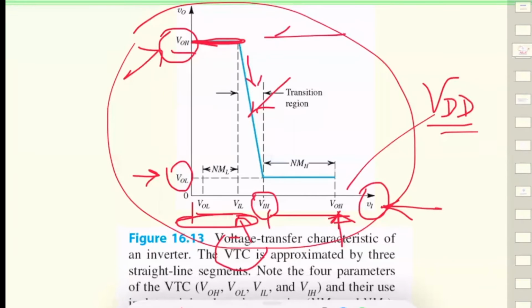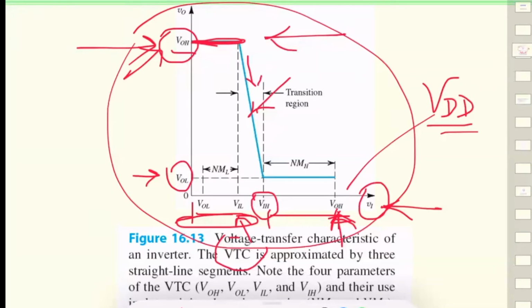VOH is this. All we are saying is that this is the maximum voltage, which is the power supply, that would show up as the output. So that's what you have to overcome on your input side to make it conduct and hence get a logic zero. Please stop me if I go too fast. I want you to follow the concepts here, because we define relationships and use those to solve the design problems.